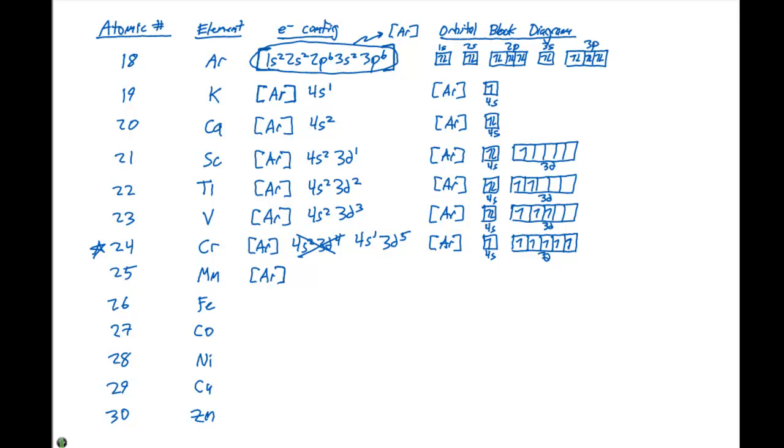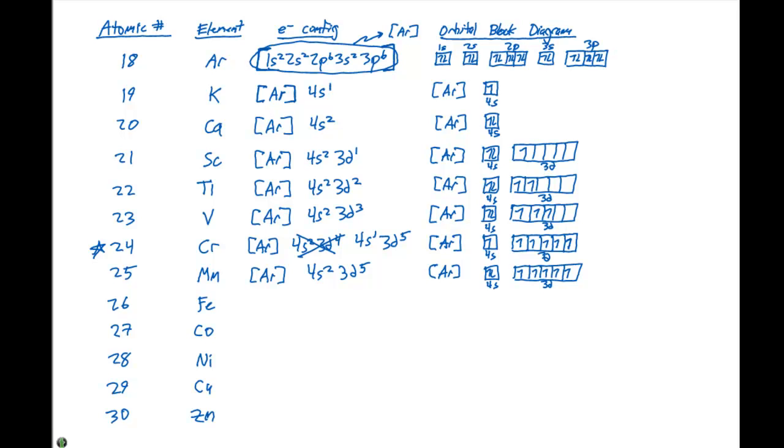For manganese, then, we now need 25 electrons. Argon is going to give us 18. Then we need to go 4s2, 3d5. So we're right back on track with what we would normally expect from our counting rules. We need to completely fill up the 4s orbital and put 1 electron spin up in each of the 3d orbitals.